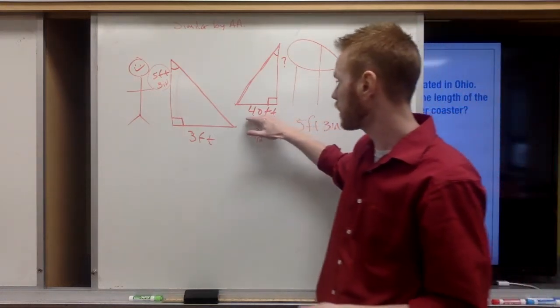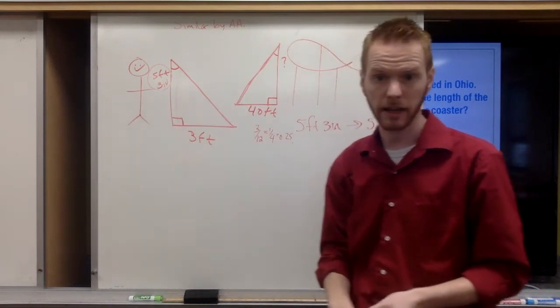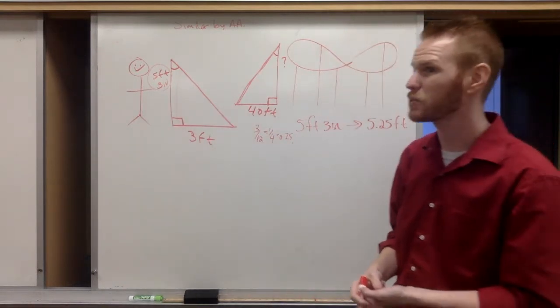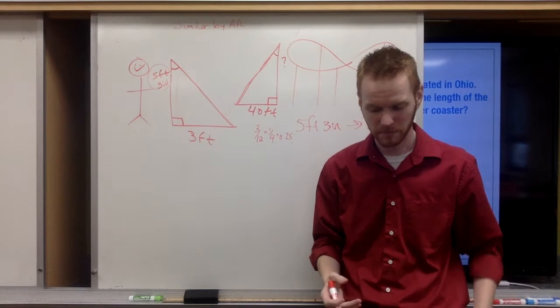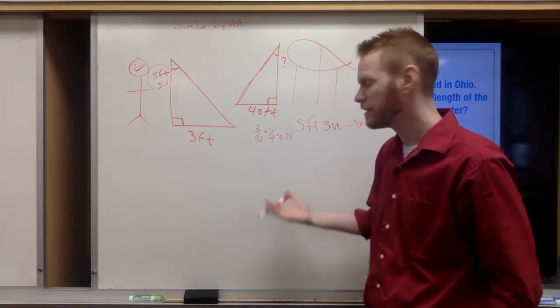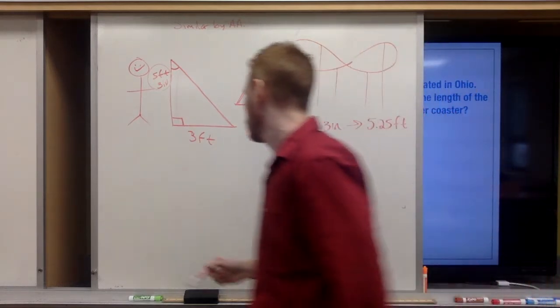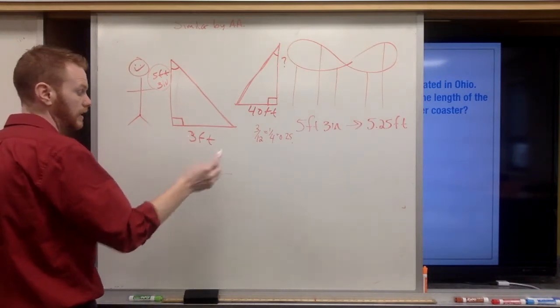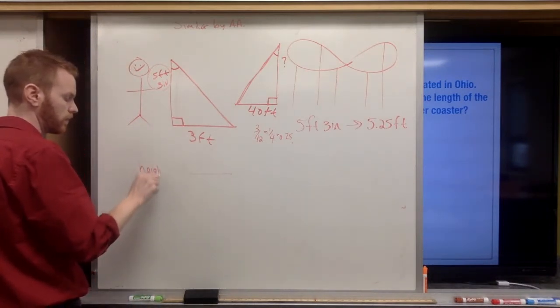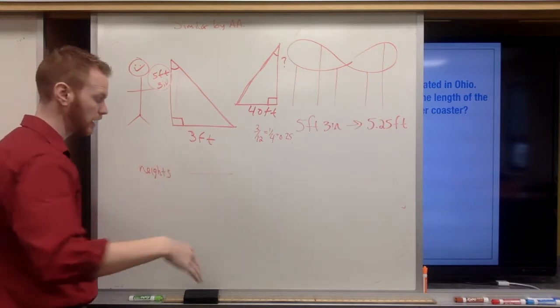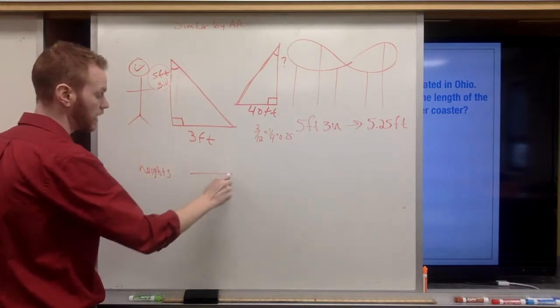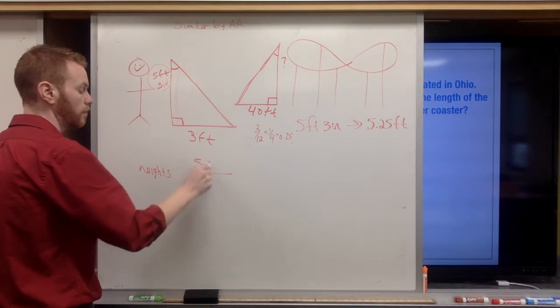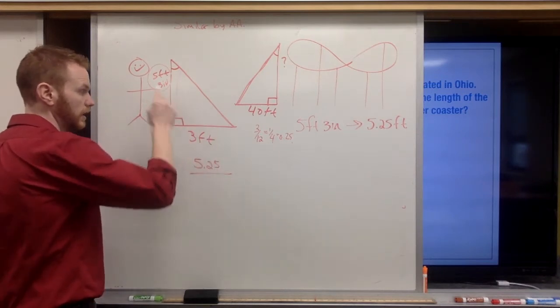Now, could you find a scale factor and therefore find the height? Absolutely. Because we're just continuing the theme of the other lesson videos and problems, I'm going to set up a proportion. So what I'm going to do is put the heights together. There's a lot of ways of solving this, by the way. This is just what I picked. So the heights are similar. So 5.25 for Nick's height.